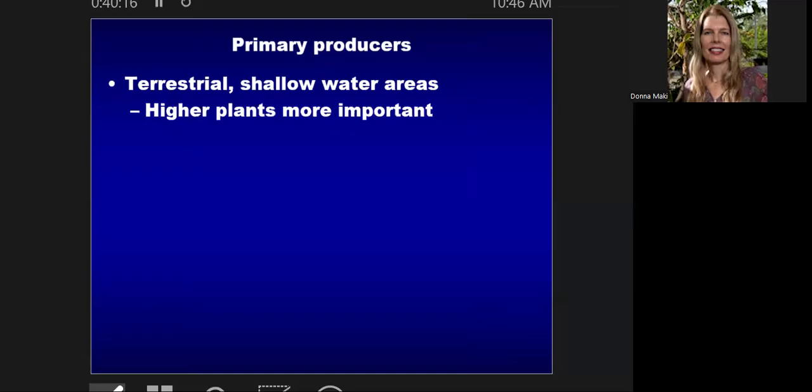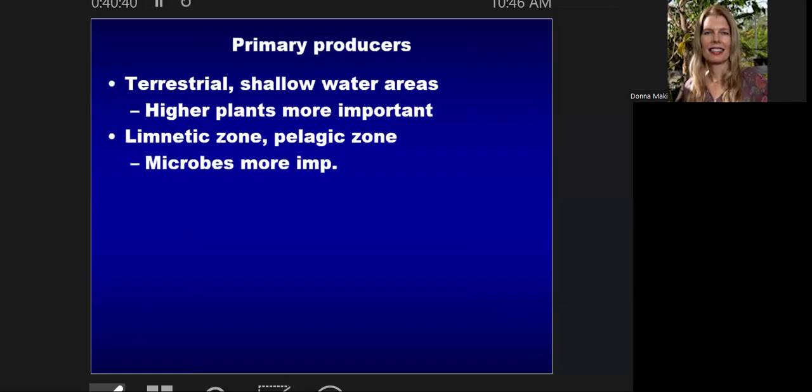Okay, terrestrial or very shallow areas of fresh or ocean water. When you look at primary production, plants, they tend to win. There's more plants there, they're more productive, and especially when you think about trees, both angiosperms and gymnosperms, higher plants are more important in these types of habitats. But then you get into some of the ocean areas and into the ocean column, and you can see microbes, of course, are ruling in those.